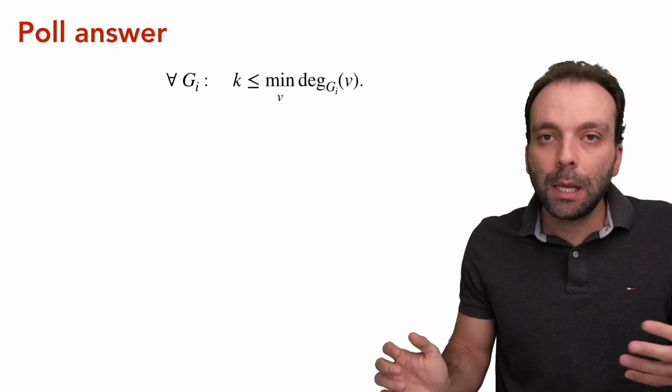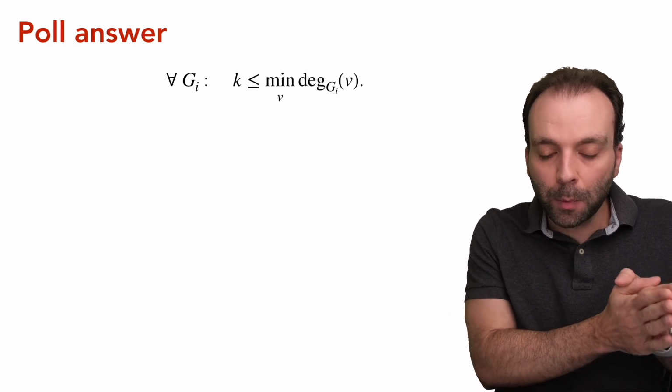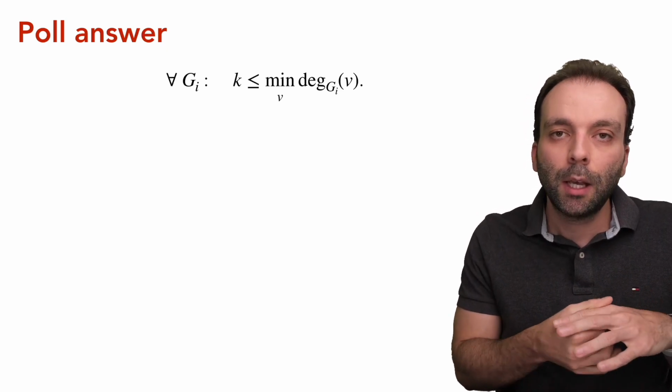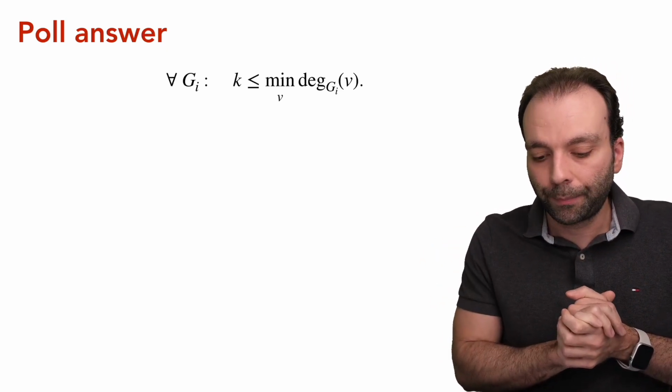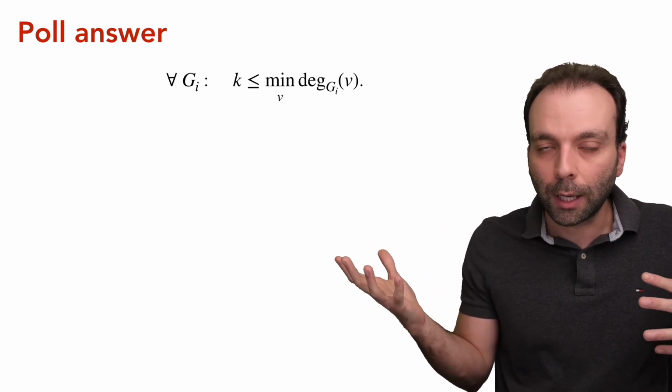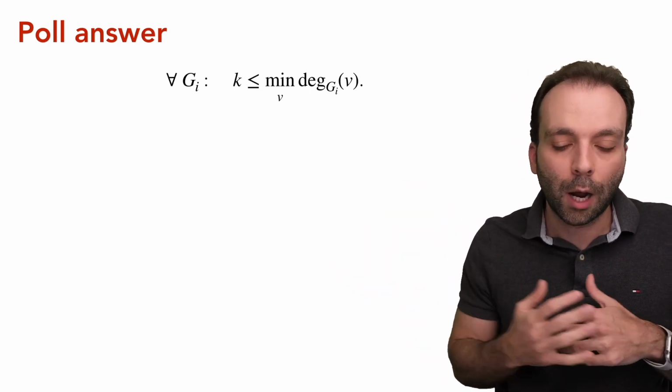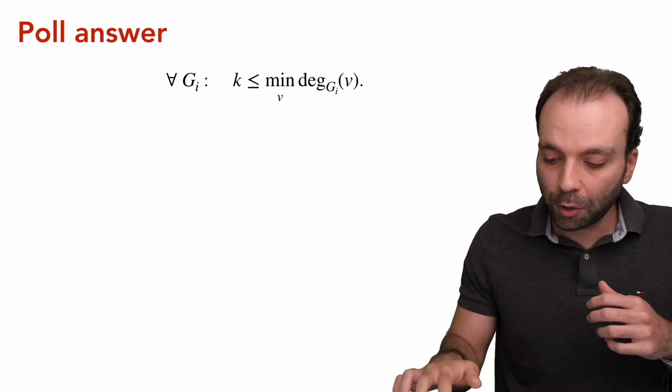Let's look at the poll answer. The answer is basically that K, the size of a minimum cut, is upper bounded by the minimum degree. And it doesn't matter which graph you're looking at, the initial graph or after i iterations, this is the relationship we have.